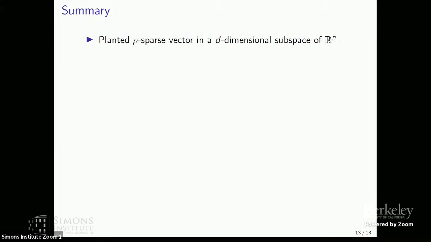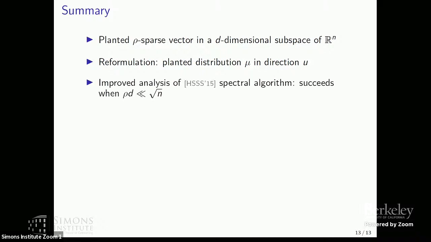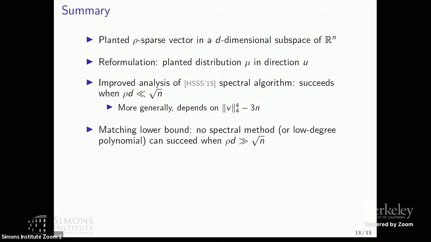Okay, so we're about out of time. So just to summarize, we talked about a planted sparse vector in a subspace. There is this reformulation of it into a different problem. And we improved the analysis of this existing spectral method, succeeding under some conditions, or more generally, just leveraging the difference between the fourth norm of a vector and the Gaussian.